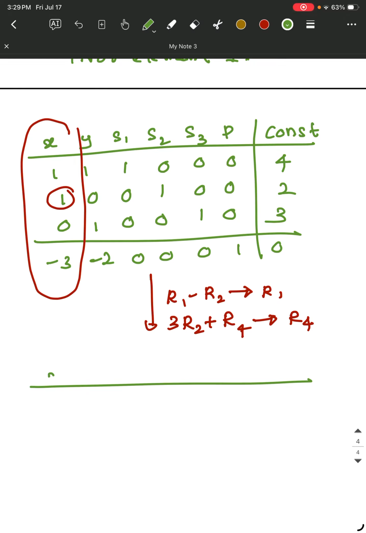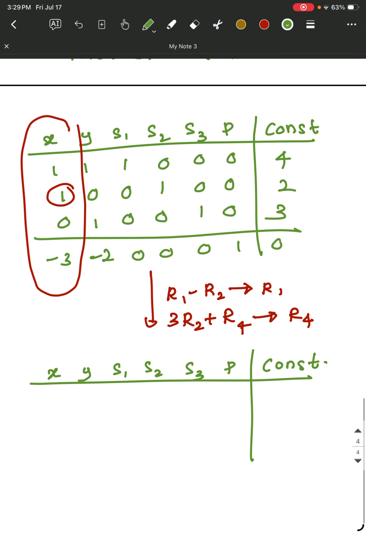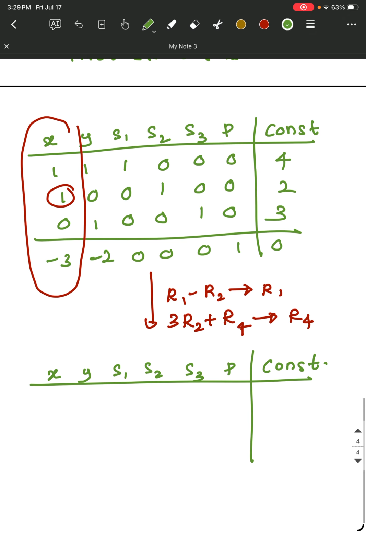Then x, y, s1, s2, s3, p, constant. R1 minus R2 removes this 1: 0, then 1 minus 0, 1, 1 minus 0, 1, 0 minus 1, -1, 0, 0, 4 minus 2, 2, right?